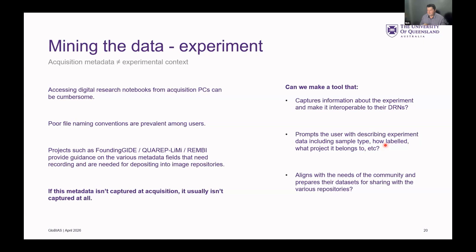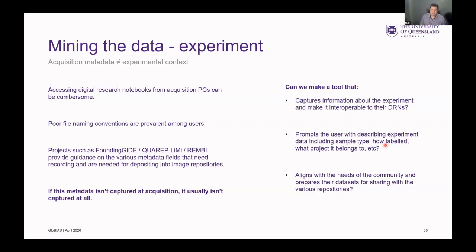And I've begun playing with making a tool for that. So can we capture information about the experiment and make it interoperable to the digital research notebook? So we use the LabArchives infrastructure at our university. And can we also prompt the user to describe, can we squeeze out some more information by helping coax it out of them at the instrument?